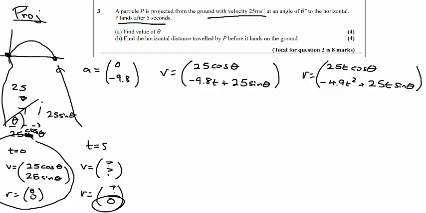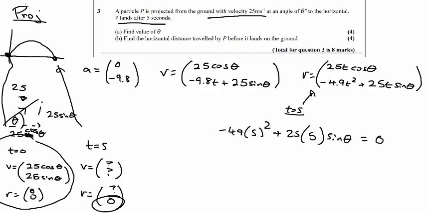So here you go. Let's put t equals 5 into here and make it equal to 0. So minus 4.9 times 5 squared plus 25 times 5 sine theta equals 0. And this is going to become pretty nice pretty quick.